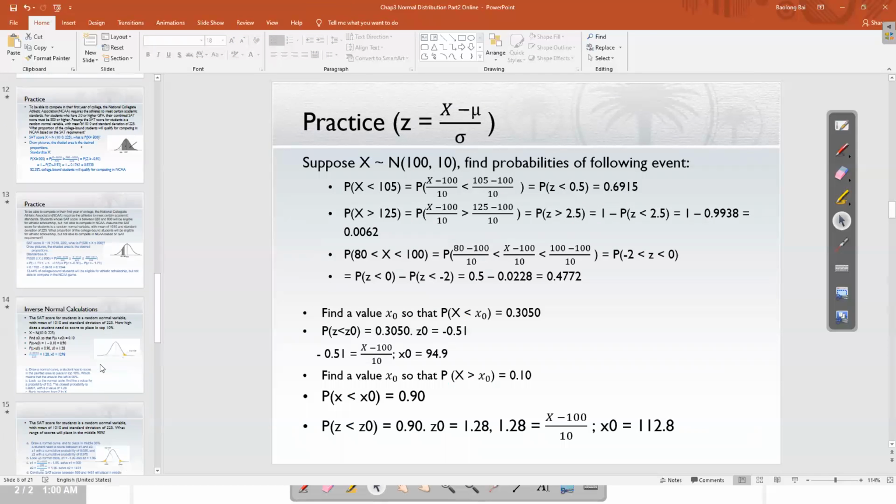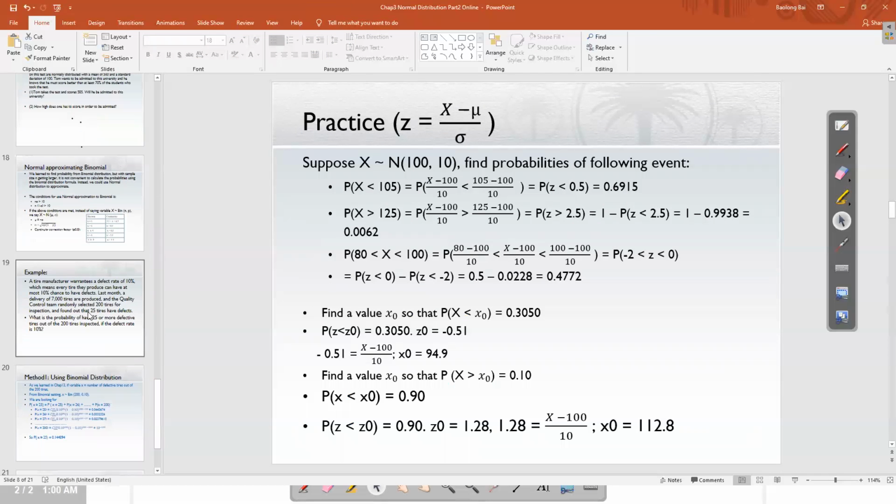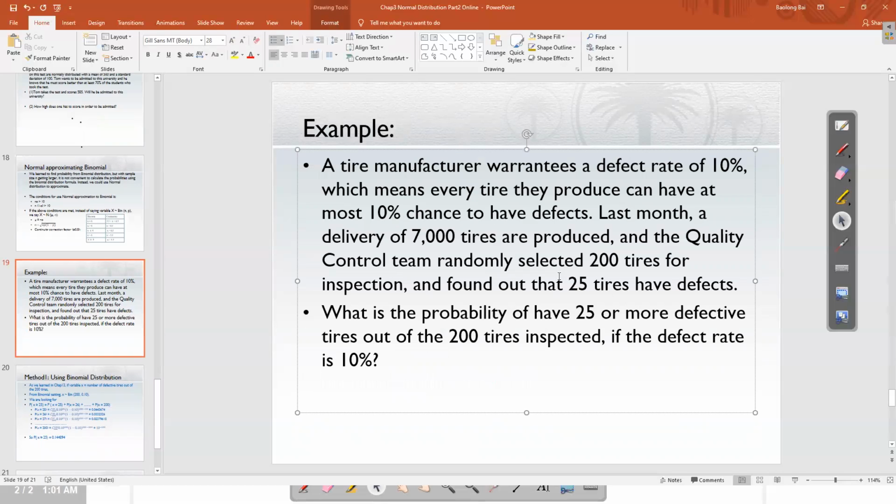So for example, we have a scenario made up here. A tire manufacturer warranties a defect rate of 10%, which means every tire they produce can have at most 10% chance of defects. Last month, a delivery of 7,000 tires was produced, and the quality control team randomly selected 200 tires for inspection, and they found that 25 tires have defects.